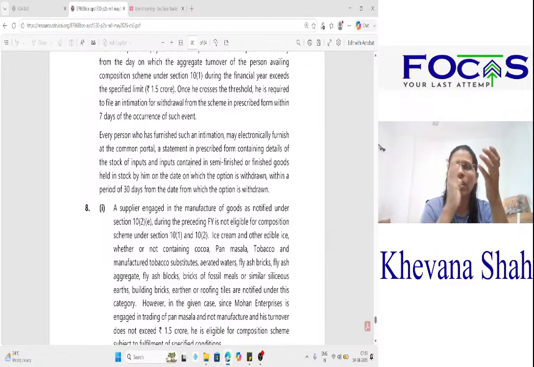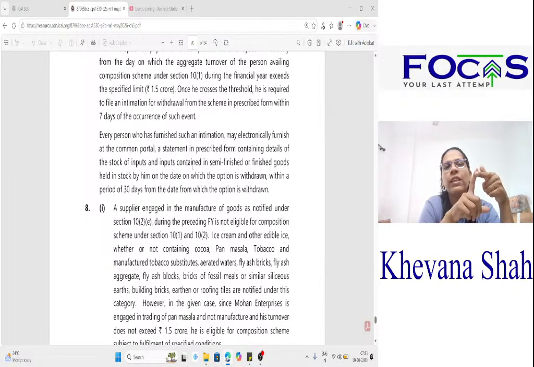So in case you become ineligible for the composition scheme, along with that intimation of withdrawal, you also need to file one more electronic statement on the common portal in the prescribed form.